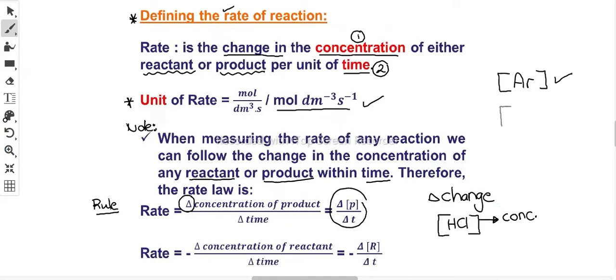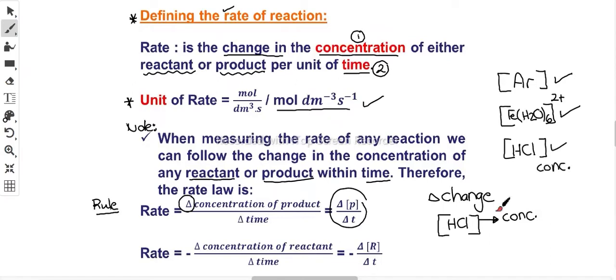We also used the brackets before in chapter 13, for the transition metals, where we can put a complex ion between brackets. And for our lesson today, we consider the brackets as being concentration. So this is also concentration.